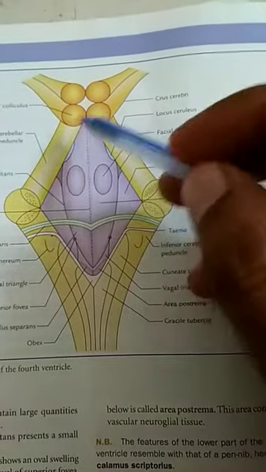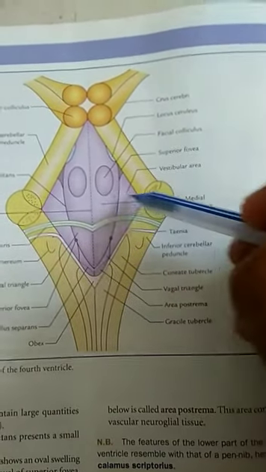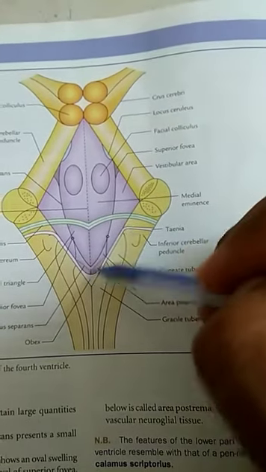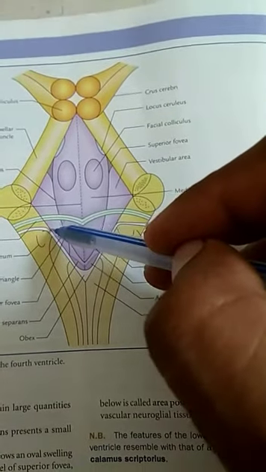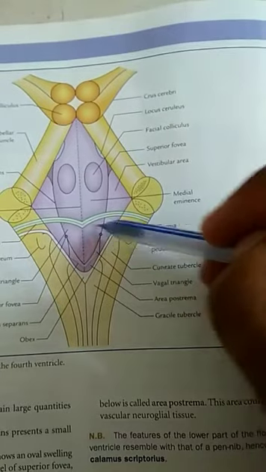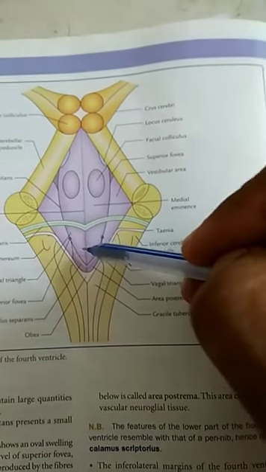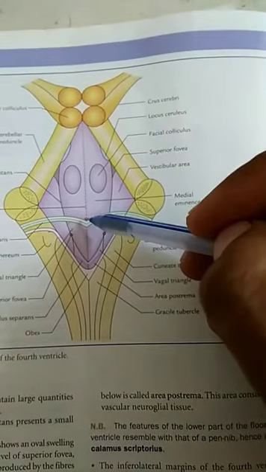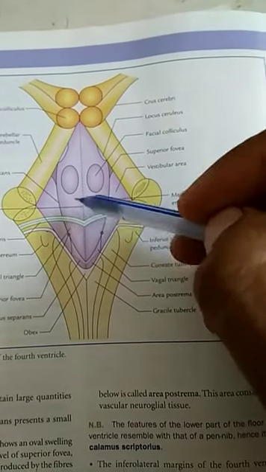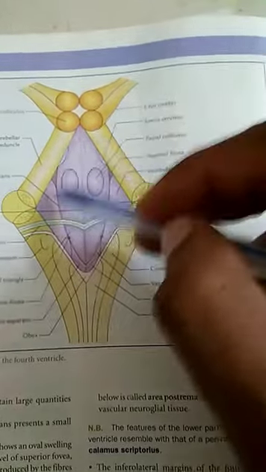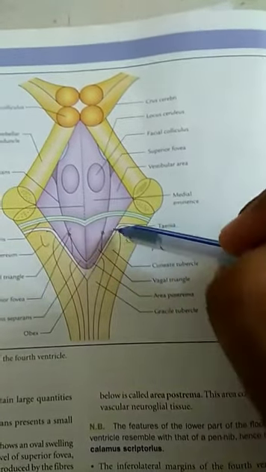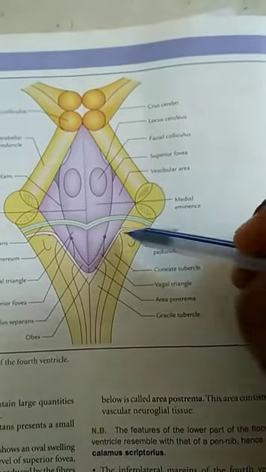The upper triangular part is formed by the posterior surface of the pons. The lower triangular part is formed by the posterior surface of the upper part of the medulla oblongata, and the intermediate part lies between the base of the upper triangular part and a line joining the horizontal parts of the taeniae.